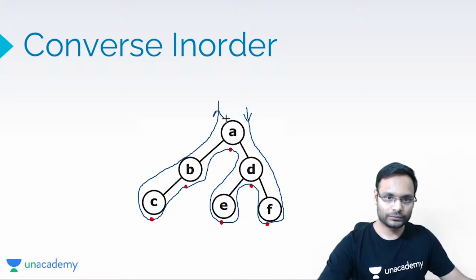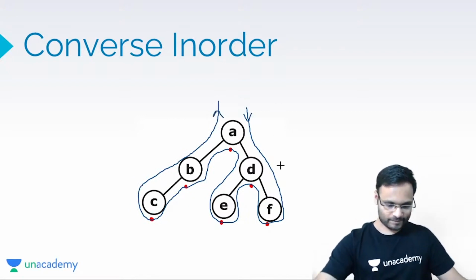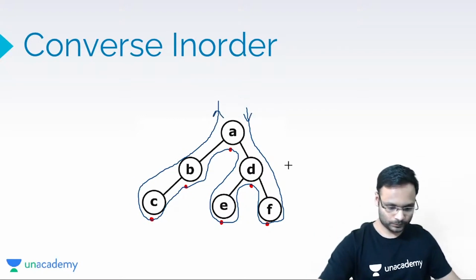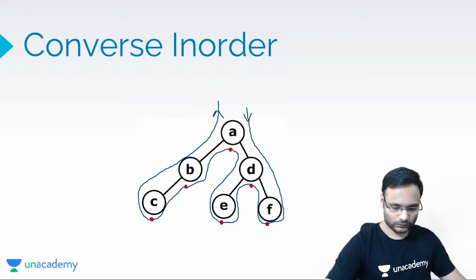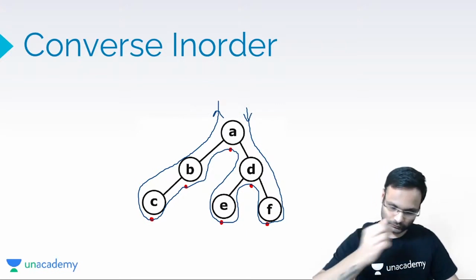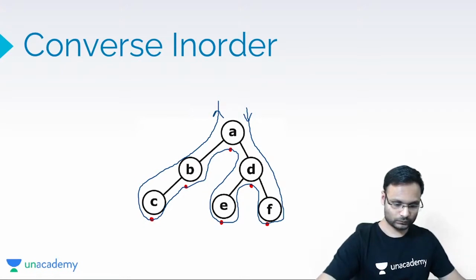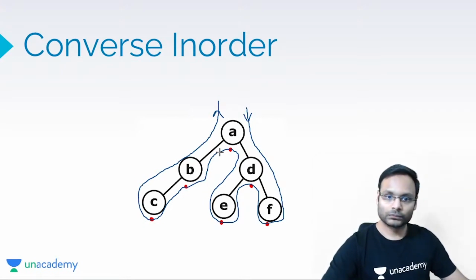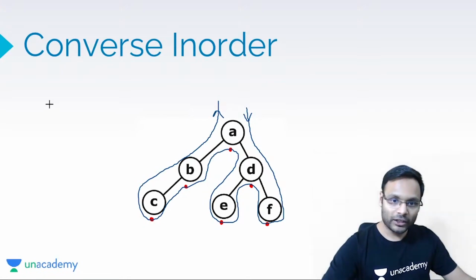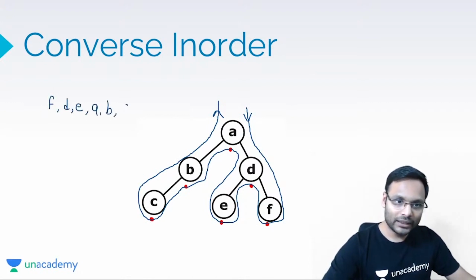So what is the converse in-order traversal? F, D, E, A, B, C.